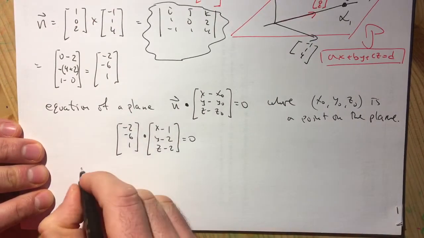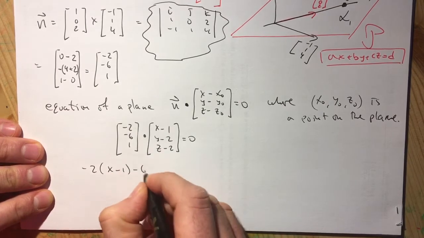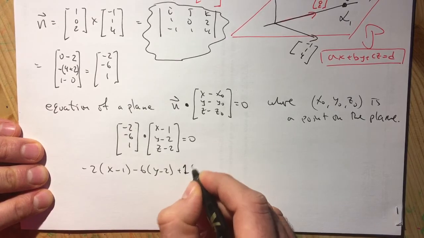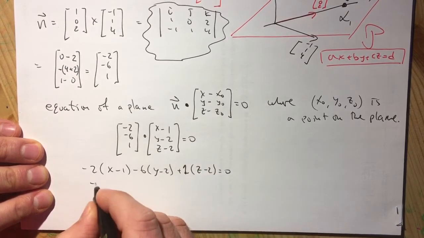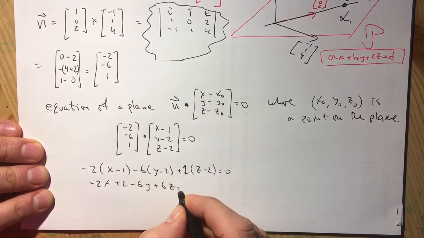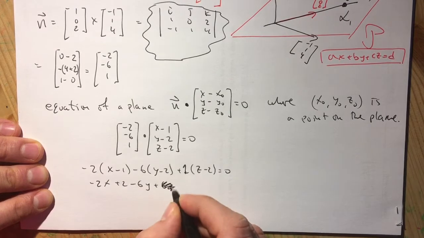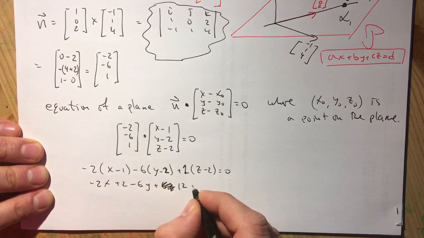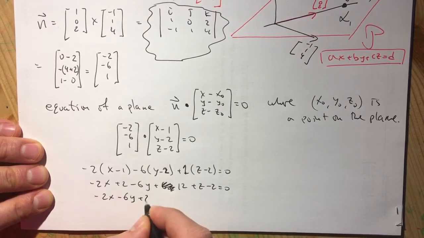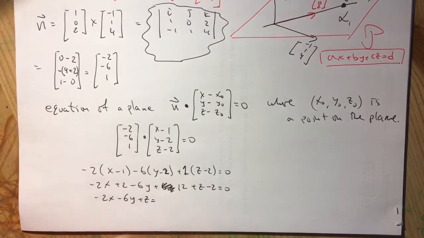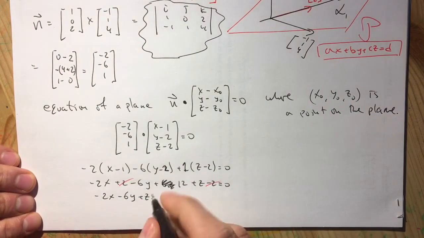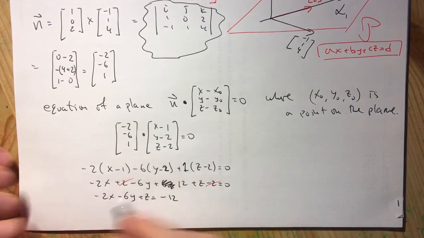Now calculate this dot product: -2 times (x minus 1), minus 6 times (y minus 2), plus 1 times (z minus 2) is equal to 0. -2x plus 2 minus 6y plus 12 plus z minus 2 is equal to 0. -2x minus 6y plus z is equal to -12, since 2 and -2 cancel out. So there you go.